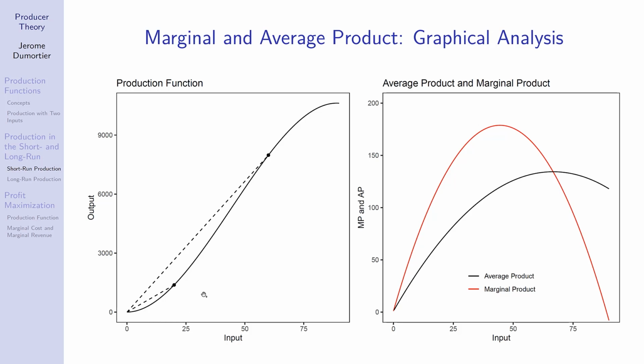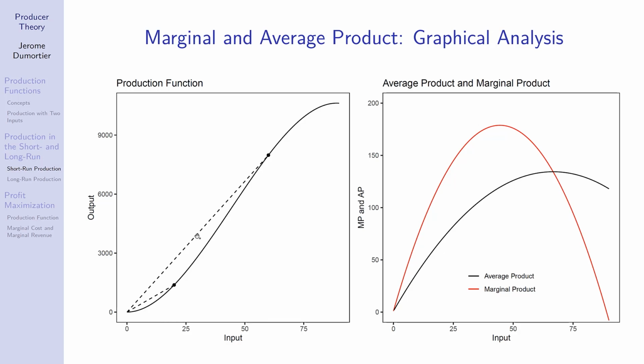Then the average product of labor is, you take a point on the line, on the production function, and the average product of labor is represented by the connecting line to the origin. This is very similar to what you have seen in high school, where you have the rise over run. So rise represents the output, over run represents the input. Okay? So the slope of this connecting line is the average product of labor.